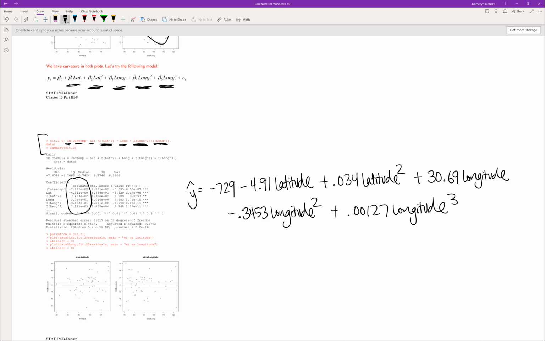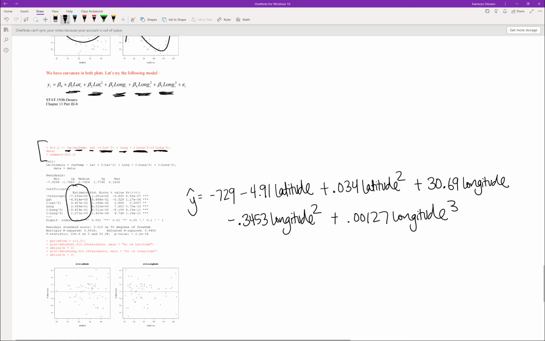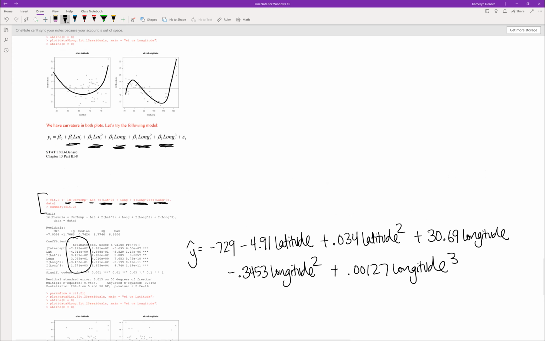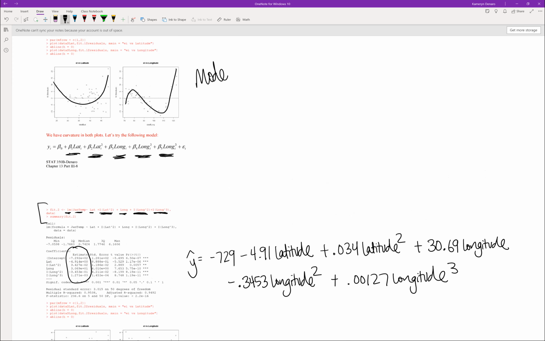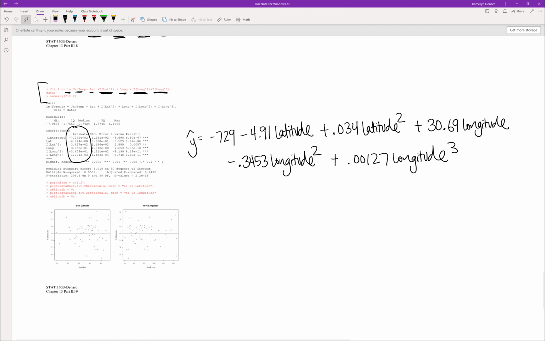So when we look at the residual plots of our new model, they look much more random. They're maybe not perfect, but it looks a lot better than our residual plots, right? This was model 1 residual plots. And then here's our model 2 residual plots.